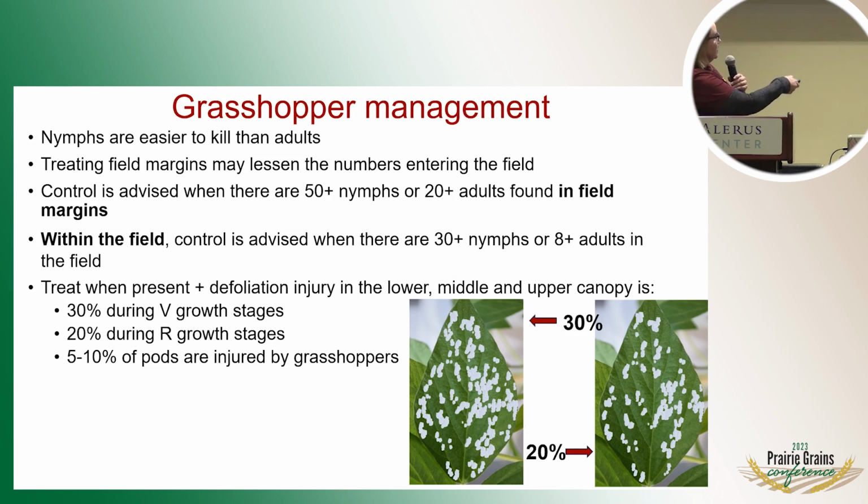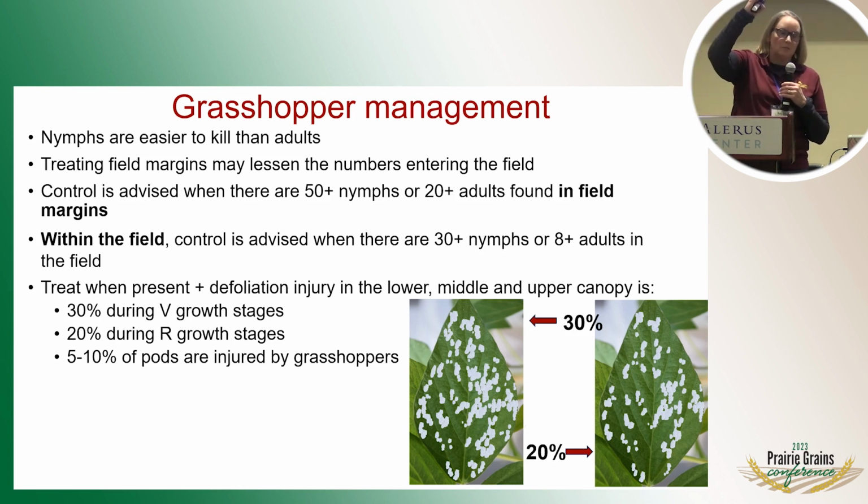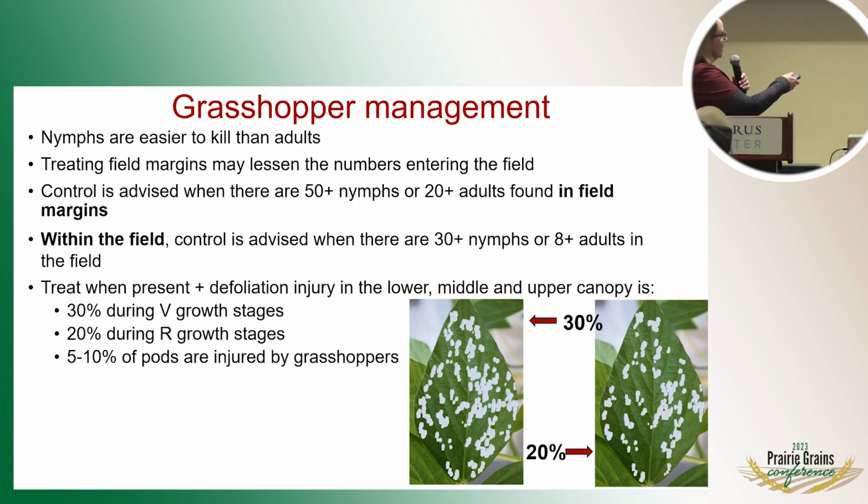This is what 30% looks like, and that's on average throughout the entire plant, throughout the field. Unfortunately, this dot is right in the middle of this picture. Once we hit the reproductive growth stages, that threshold drops down to 20%.